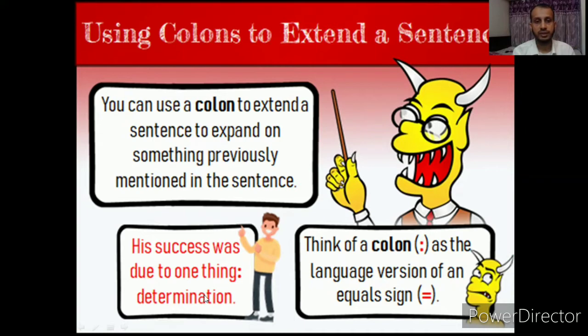So determination is the explanation or extension of the previous part. Think of the colon as the language version of an equal sign. Look at that colon, sometimes it is equal to an equal sign.